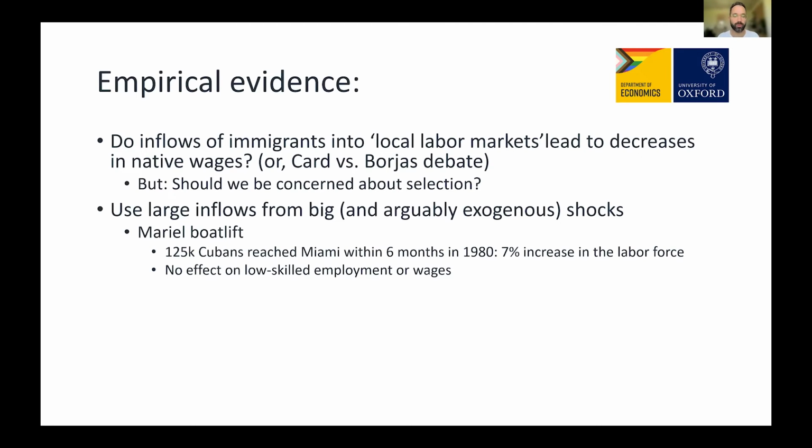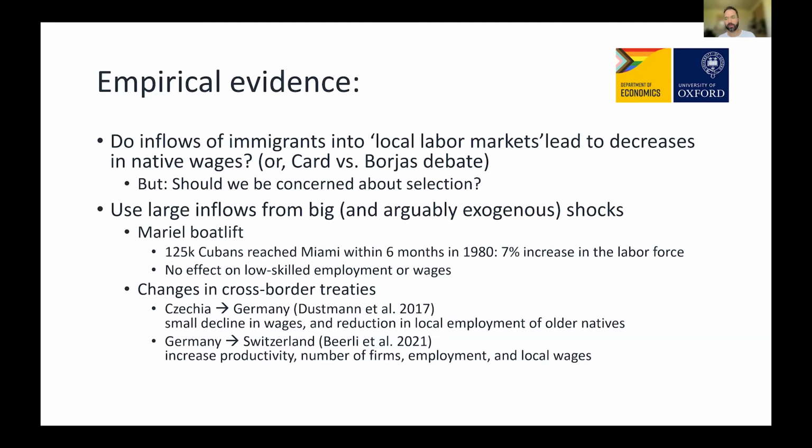any evidence for displacement. There are two other papers that use border policy changes in Europe to try to get at that. And the idea is, countries open their borders because of some cross-border treaty, which allows immigrants access to labor markets around the border, which should then be more affected than places further away from the border.